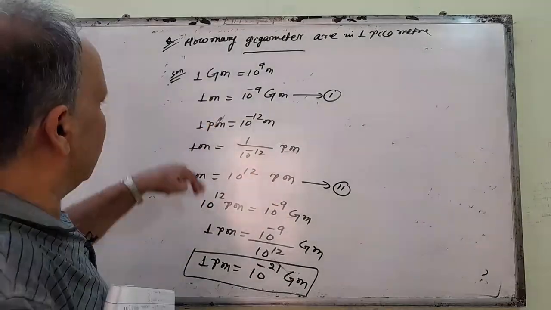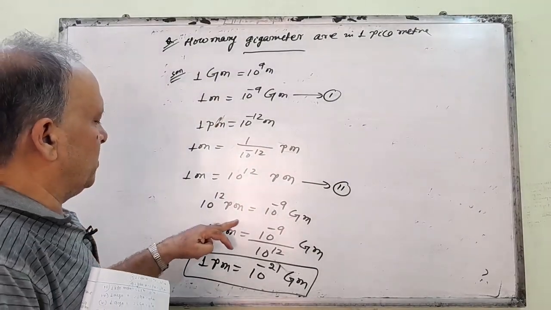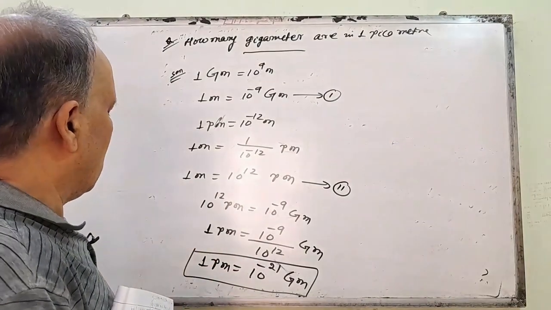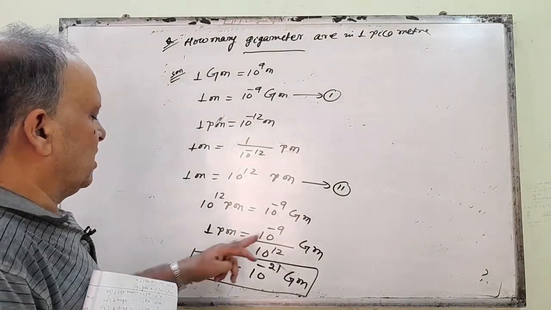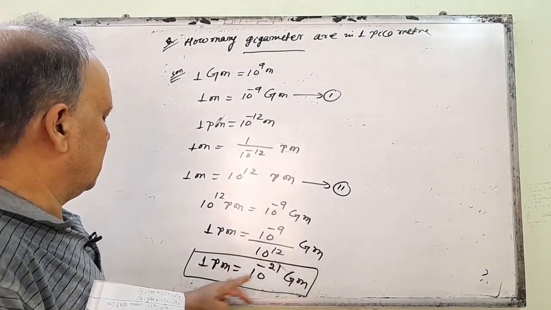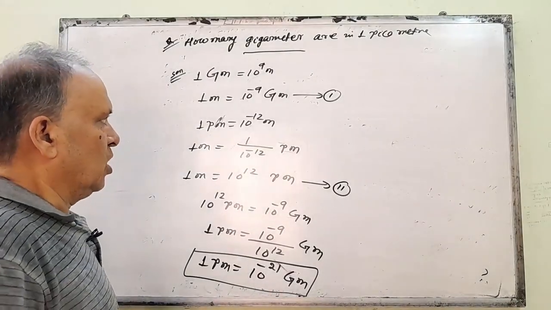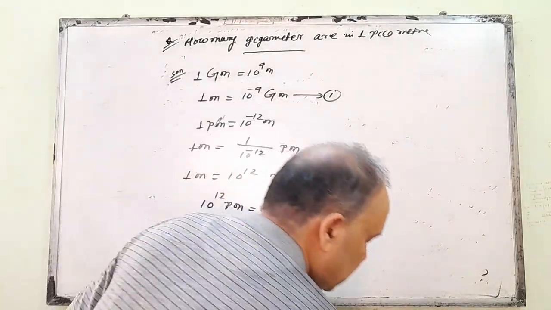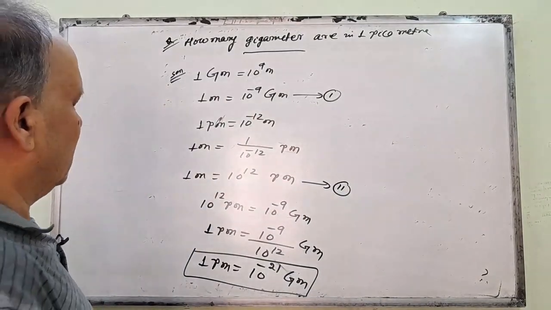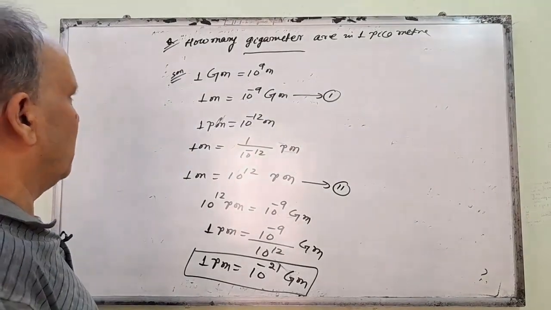So comparing these two equations, 10 to the power 12 picometer is equal to 10 to the power minus 9 gigameter. So 1 picometer is equal to 10 to the power minus 21 gigameter. So you remember all the metric system measurements, and a question will come like this: how many kilometers are in 1 picometer?